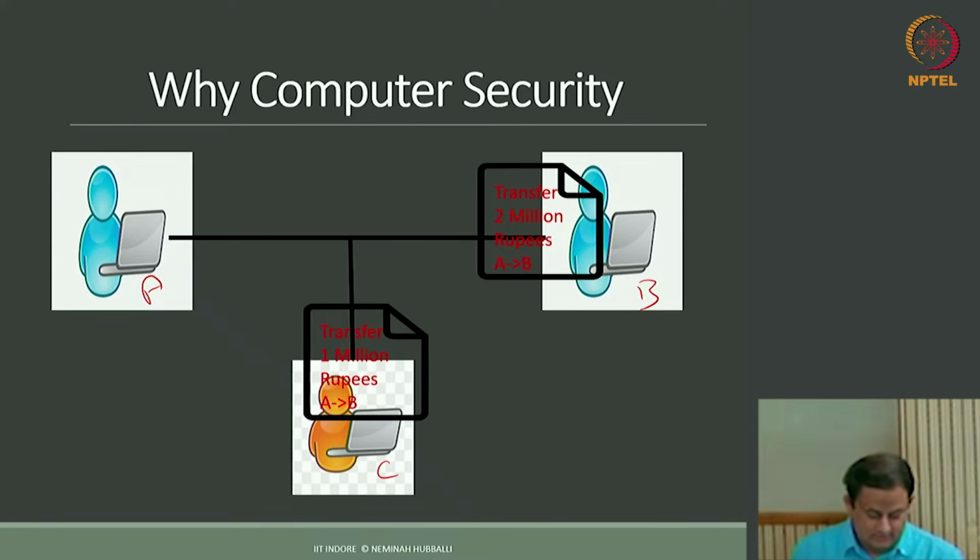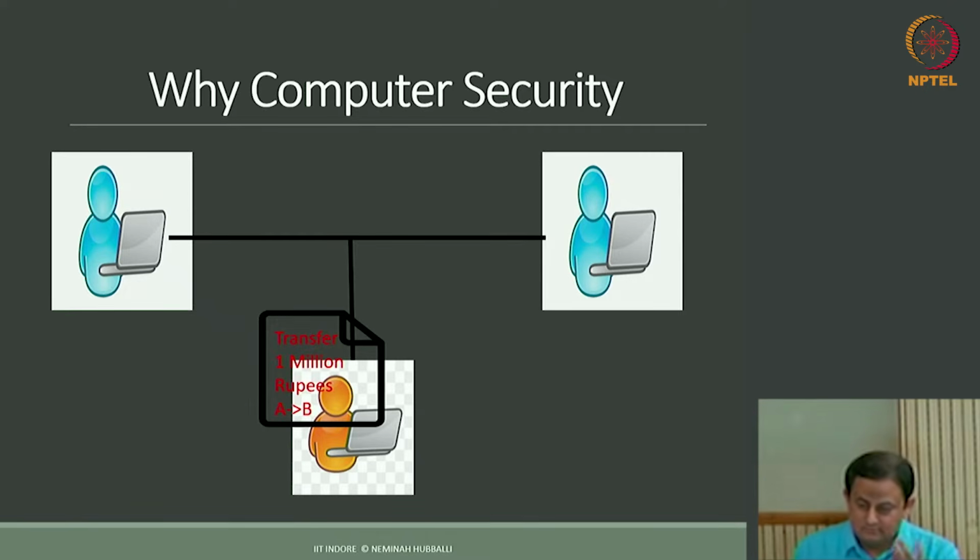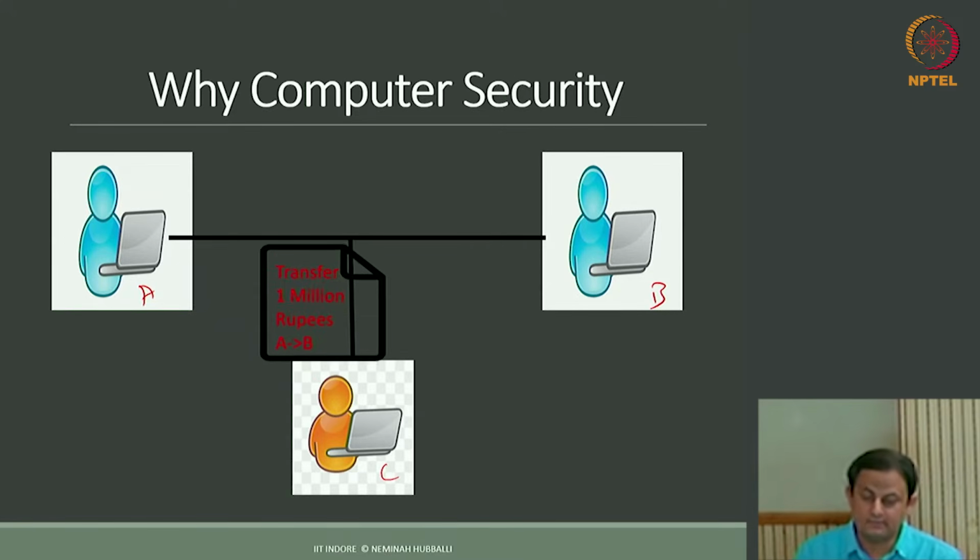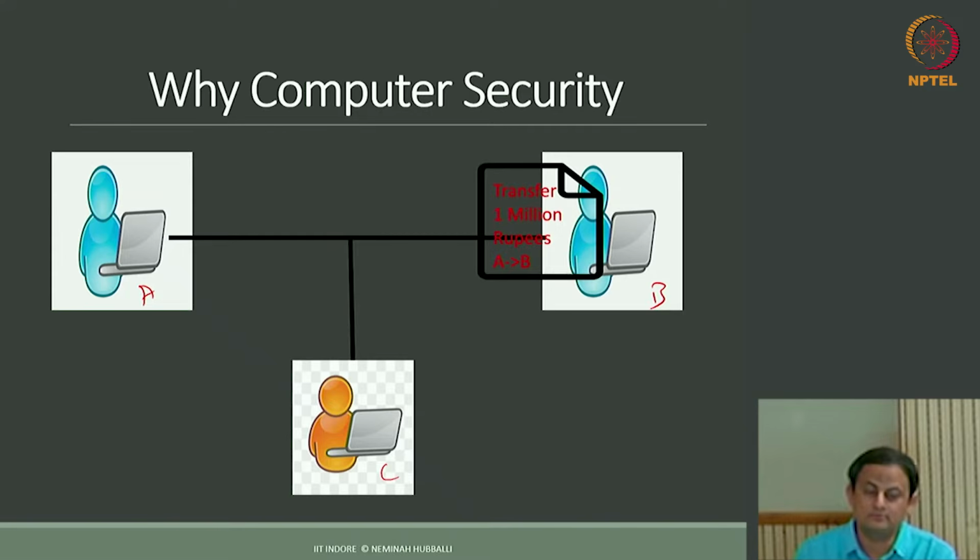Similar kinds of things can happen in the network. Maybe A in the first place may not have transferred anything, but having the knowledge that A is connected to the network and B is also connected to the network, the intermediate node C might fabricate something and then transfer a file to B as if it has been transferred from A. So this is actually not a good situation.